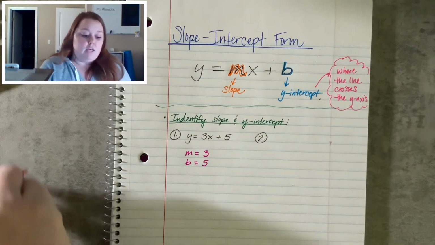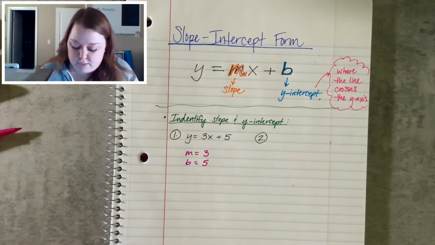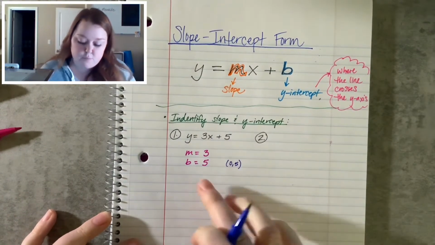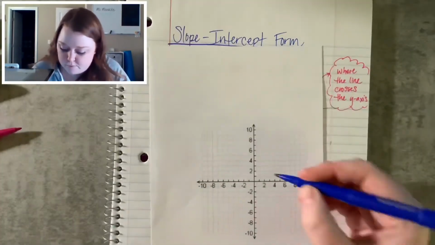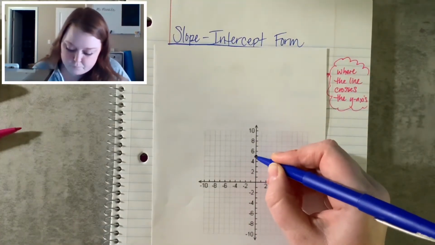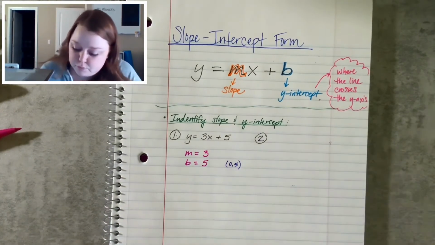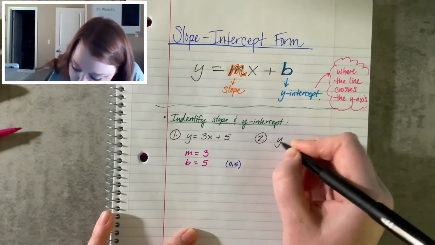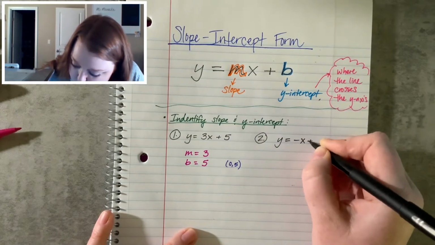Now, as an ordered pair, something we should mention, this would be (0, 5), because the y-intercept, where it crosses the y-axis, would be (0, 5). So it'd be up here. Okay. All right. Number two, here's your equation: y equals negative x plus 4.